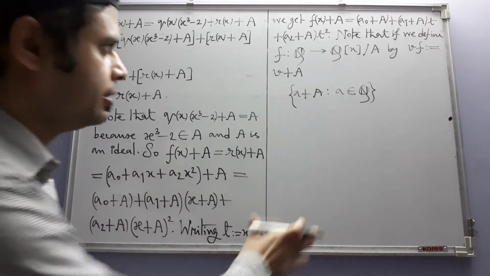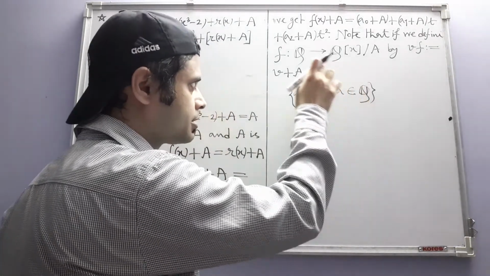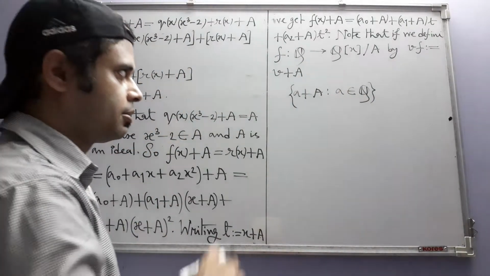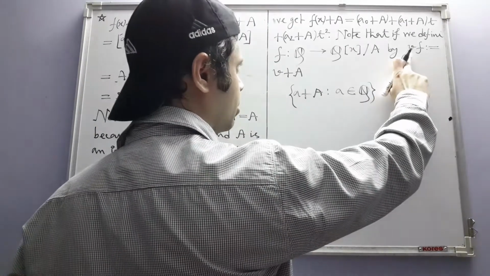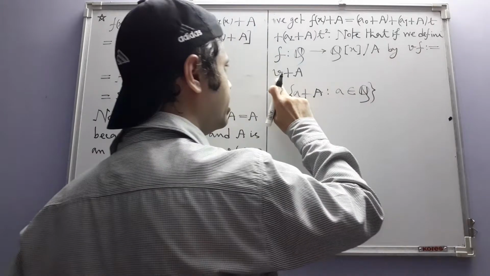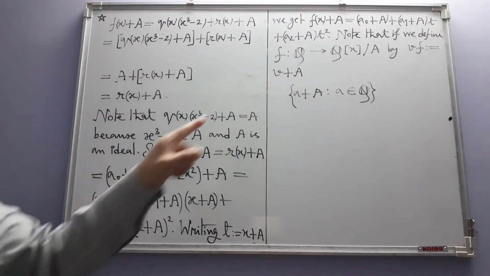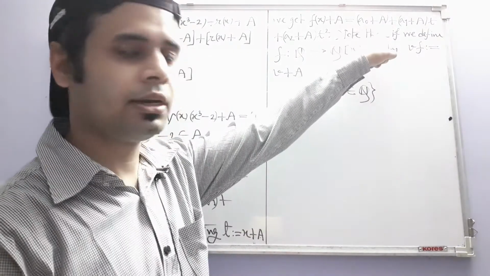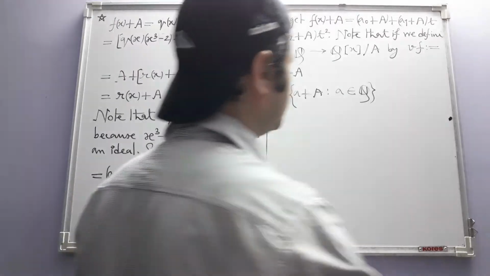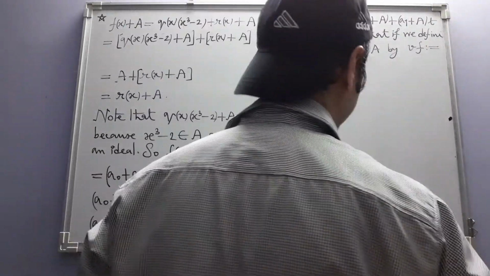Algebraically, as a ring, there is no difference between this set and the set of rational numbers. The isomorphism is brought about by this function where we are identifying V with the coset V plus A. So we can in fact write in place of a naught plus A, just the field element a naught. So let us complete what we were writing.